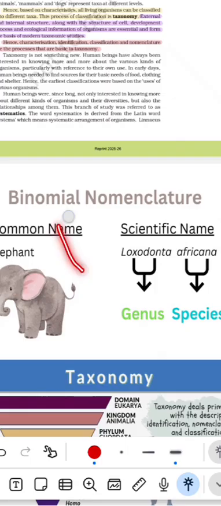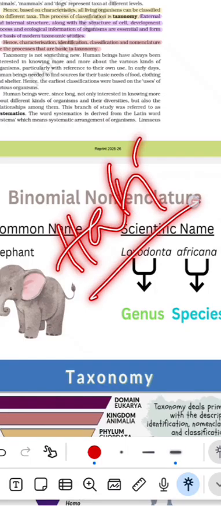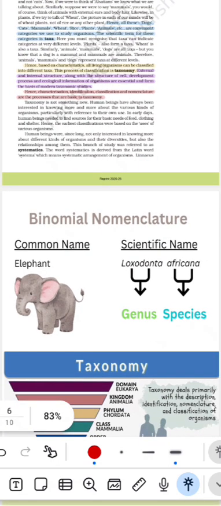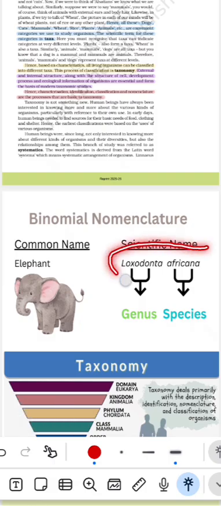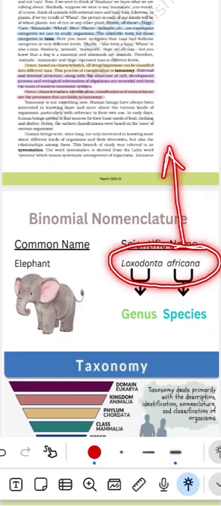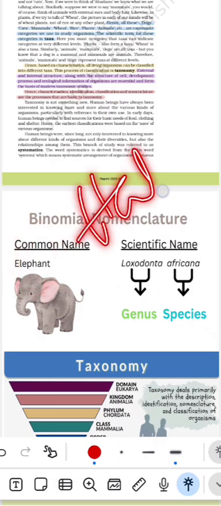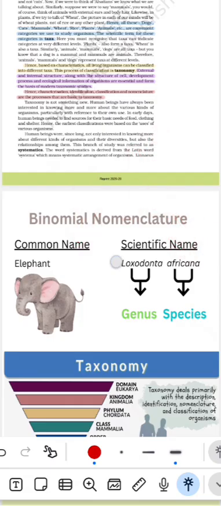If one says, "Have you seen Hathi?" you will ask, "What Hathi?" But if he says, "Have you seen Loxodonta africana?" you will search the name, and then you remember, oh, that is an elephant.